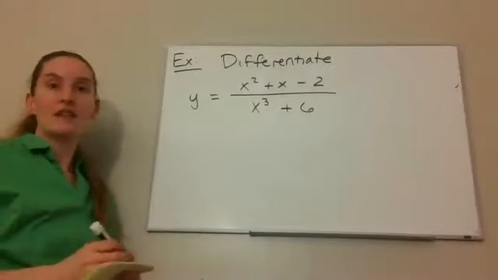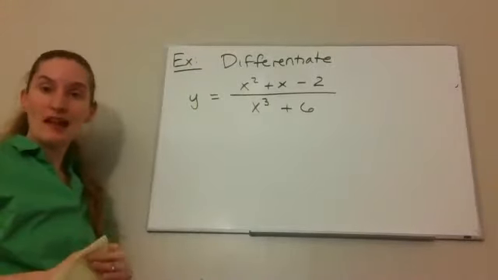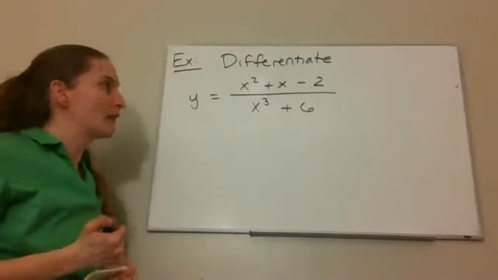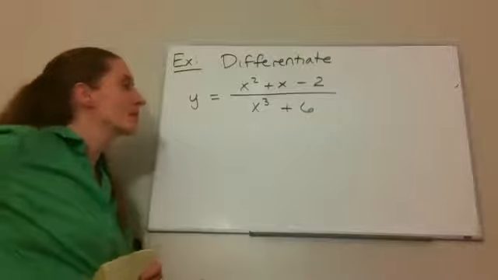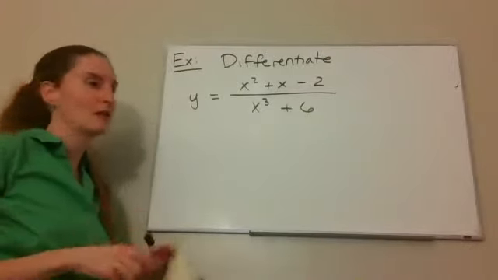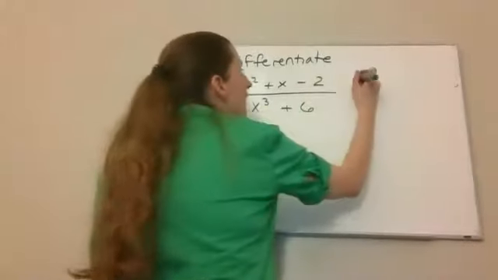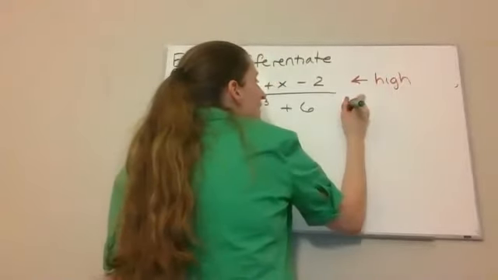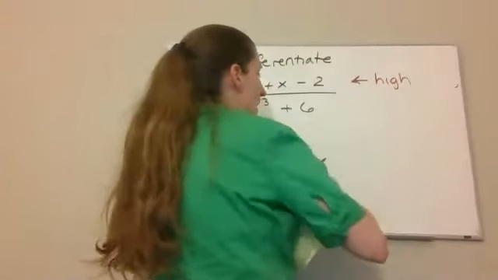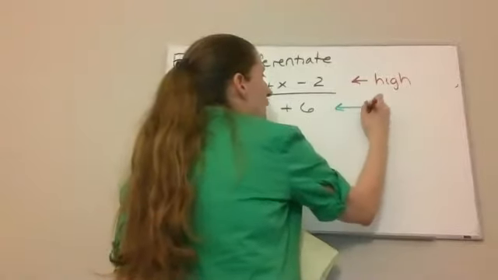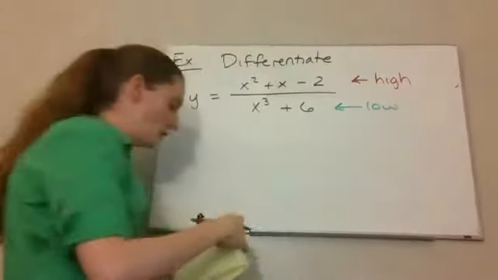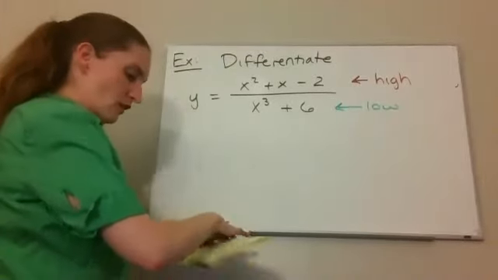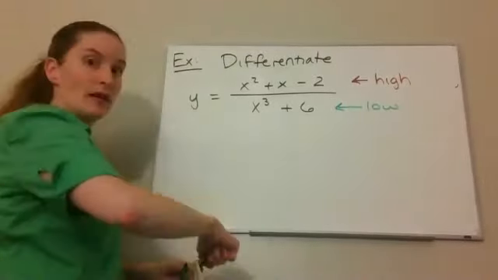So you can see that this is a quotient rule problem because I have a quotient of polynomials here. I have x squared plus x minus 2 as the top, x cubed plus 6 as the bottom. So the top, there's my high, and in green, there's the low. Now let's find this derivative using our brand new quotient rule.